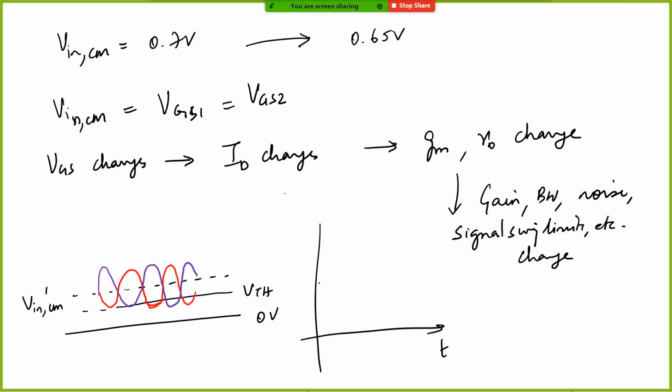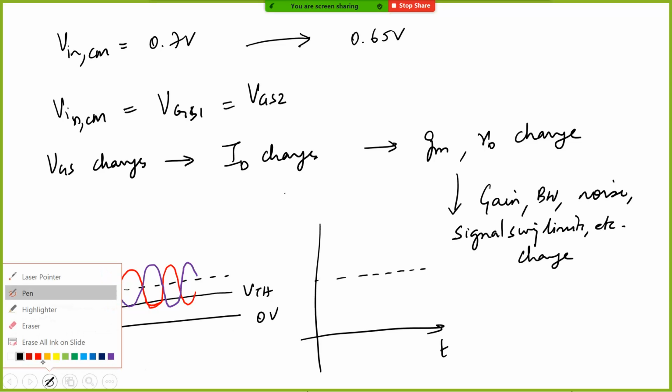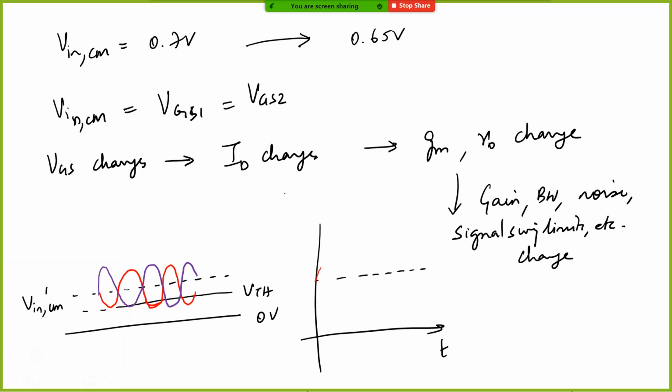This is time, and let's say Vout. Vout will become, the red one will become, like when it is low, it will go high, and so on, and then it will start clipping. When the voltage on Vout1 goes very low, this will start going to VDD. You'll have clipping. So your input common mode voltage is doing a lot of unnecessary things.